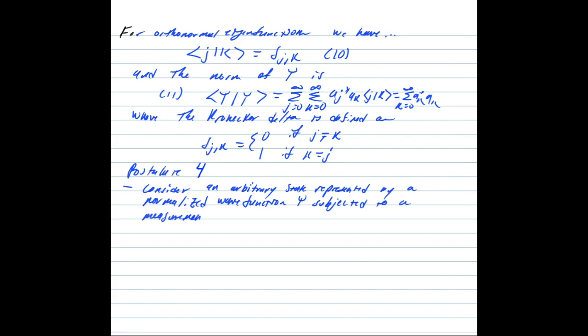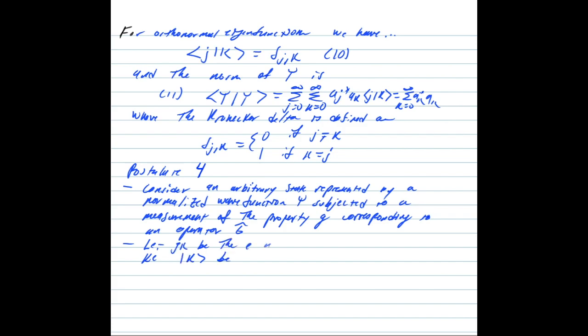Now we're moving on to postulate 4. Postulate 4 states that if you consider an arbitrary state represented by a normalized wave function that is subjected to a measurement with a property g corresponding to an operator capital G hat, let g subscript k be the eigenvalues of capital G hat, and let ket k be orthonormal eigenfunctions that span the Hilbert space.